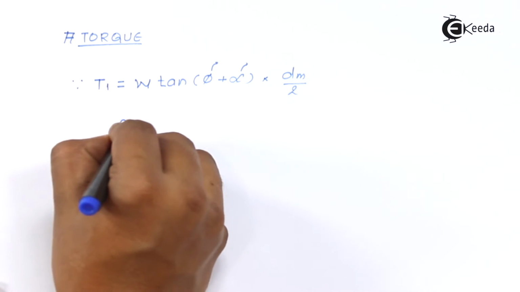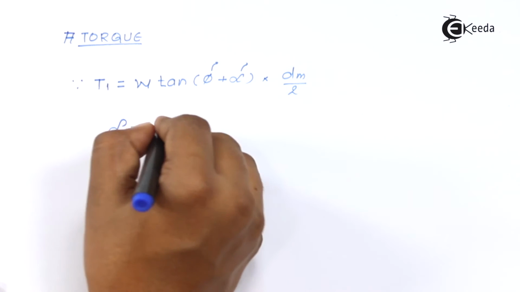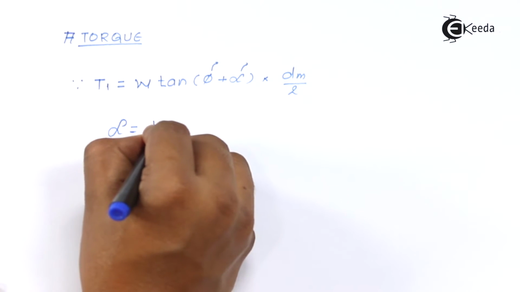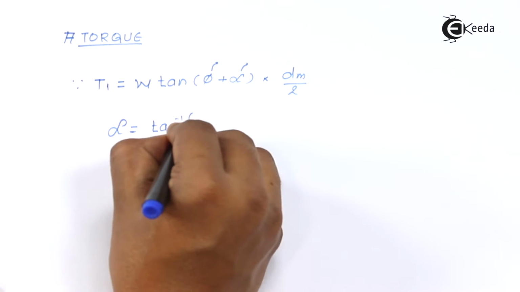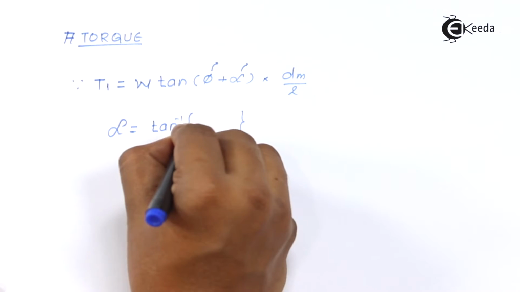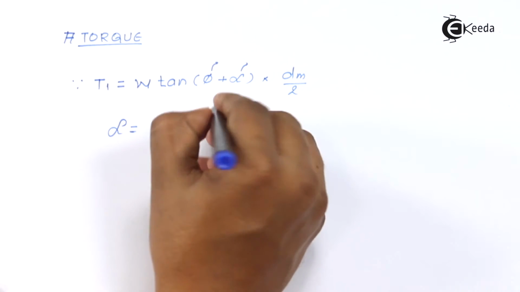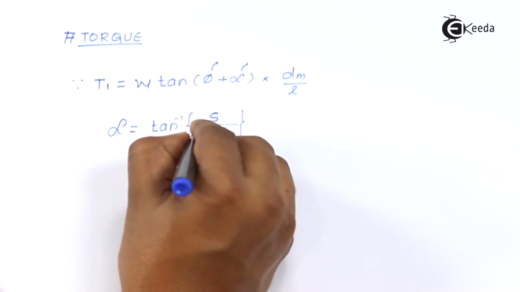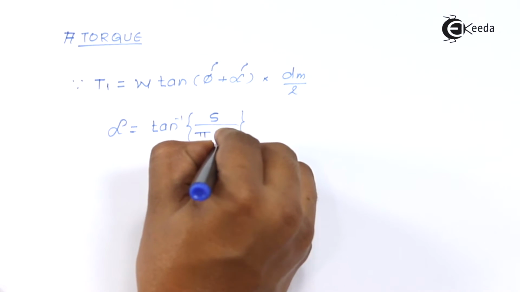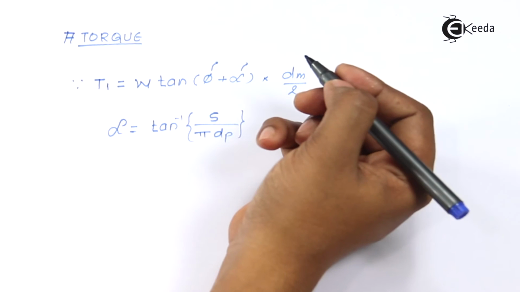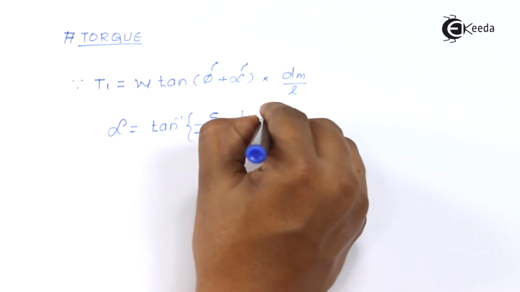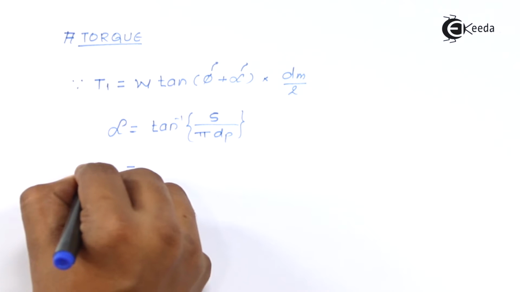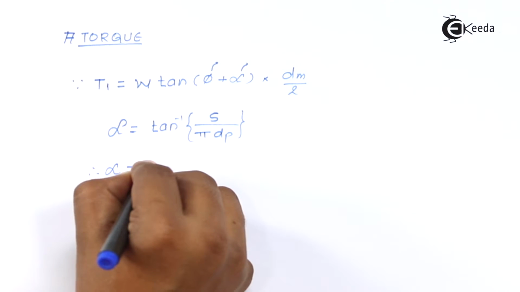The empirical formula to find the helix angle is given by tan inverse of, and of course it's a standard practice used all over, where your alpha will be given by the pitch S and circumference pi dp.